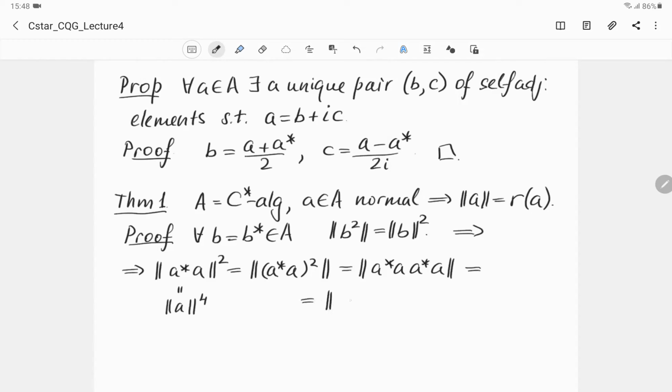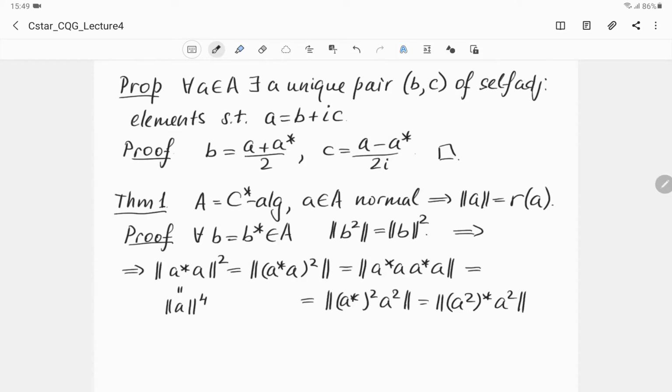This is a star squared multiplied by a squared. This is true because a is normal. Or equivalently, this is a squared star a squared.